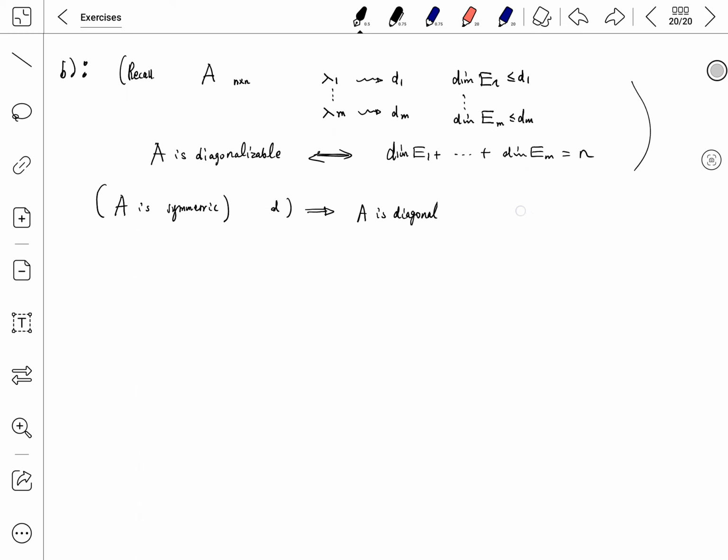And then in particular, this is telling you that the dimension of E1 equals d1, dimension of Em equals dm, which means the dimension of each eigenspace equals its algebraic multiplicity, because d1 plus through dm equals n.